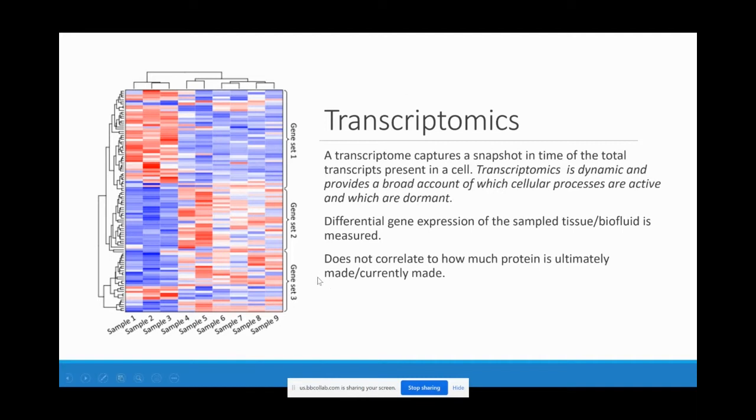Now, I want to be clear here that although you are measuring the RNA, for example, the messenger RNA, that doesn't necessarily correlate to how much protein is ultimately made or is currently made. So just because you have sent out a bunch of messenger RNA in your heart to upregulate a particular protein, it doesn't necessarily mean that all of that protein is then going to be made.